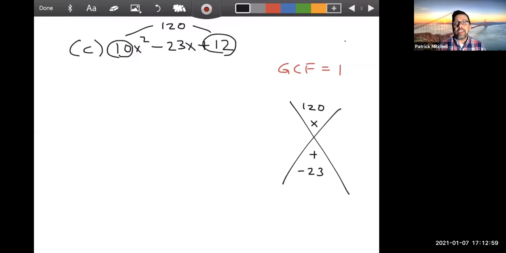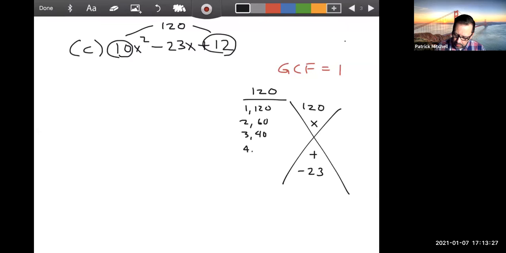So this is where your calculator can really help you. Try and come up with all the pairs of numbers that you can that multiply to 120. And remember, we can worry about the signs later. So of course, there's 1 and 120. There's 2 and 60, 3 and 40. Okay. At this point, I could ask the calculator, what's 120 divided by 4?